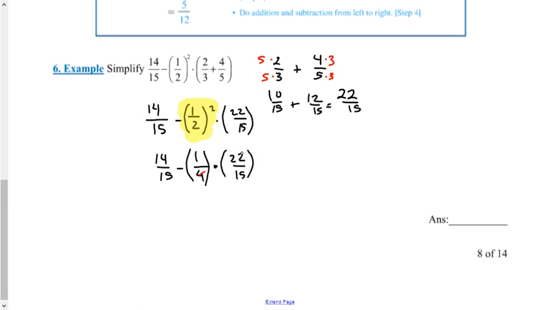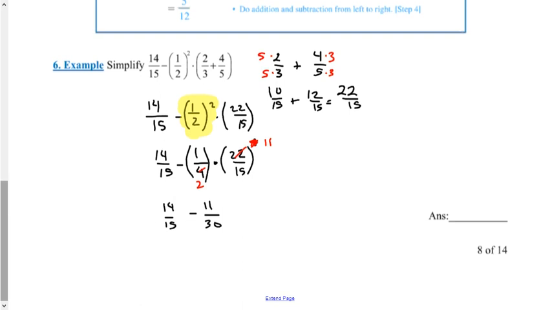I know that 2 goes into each of these. 2 goes into this 11 times. And 2 goes into this 2 times. So now I've got 1 times 11 is 11. I've got 2 times 15 is 30. And now this is 14/15 minus 11/30.